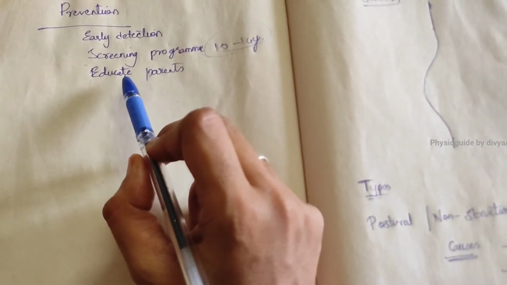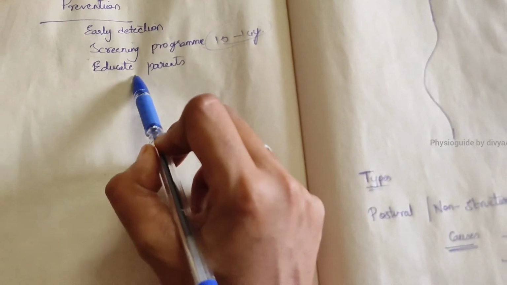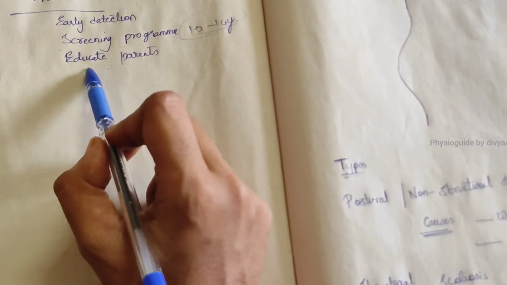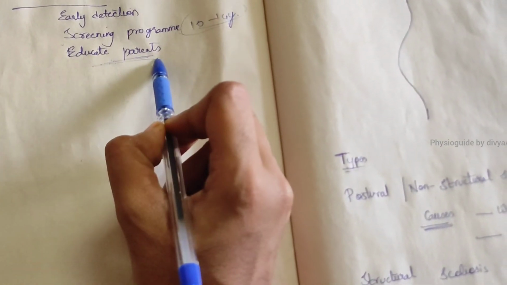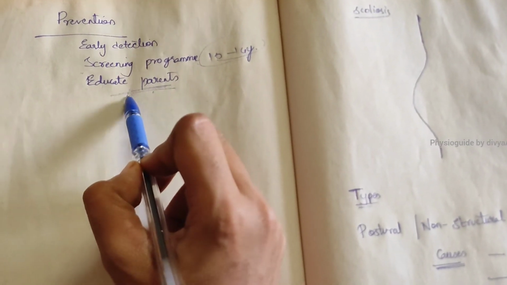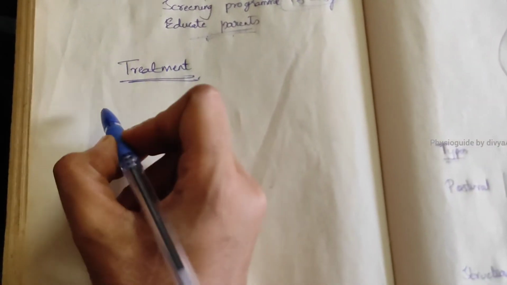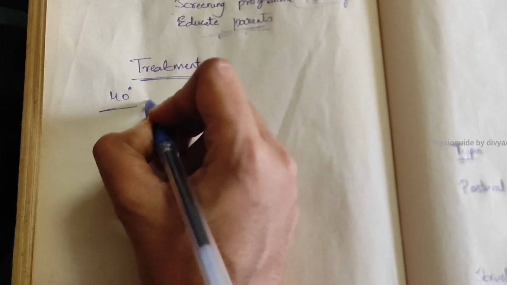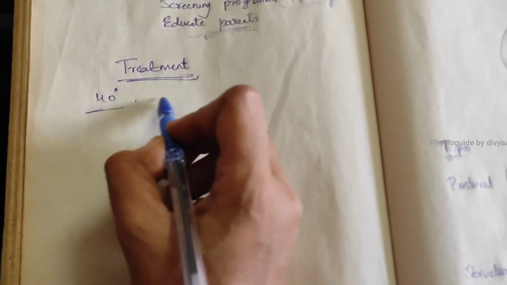Parents can play a very important role in early detection of the scoliosis curve, so education of the parents on observation technique is helpful.